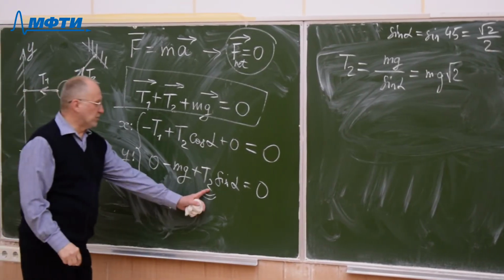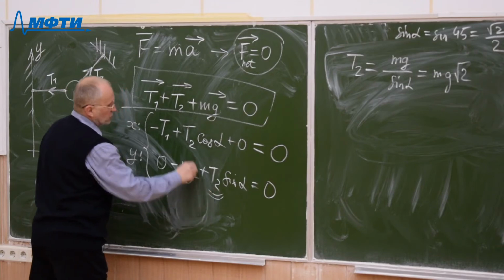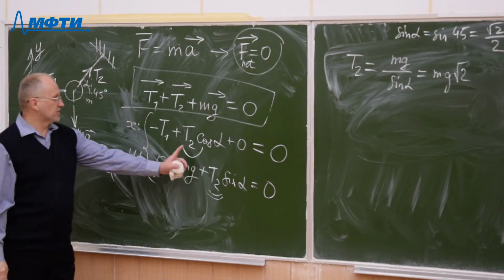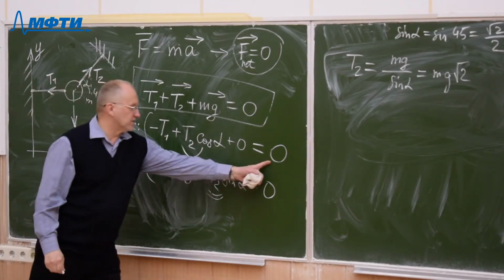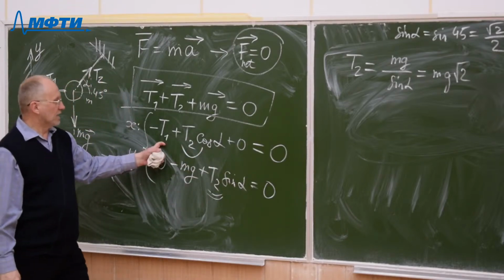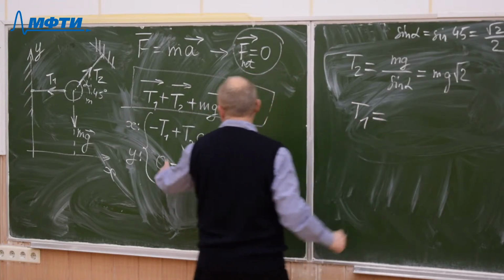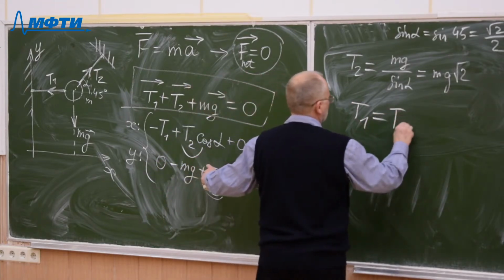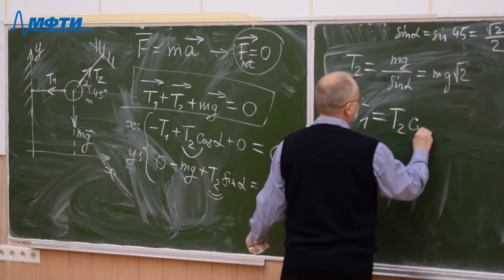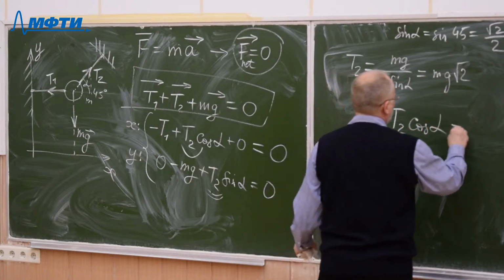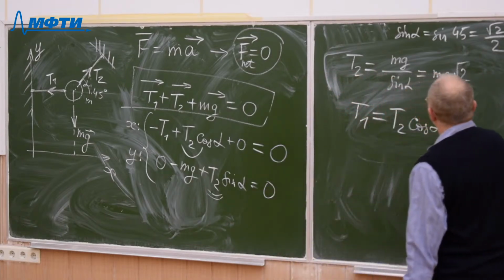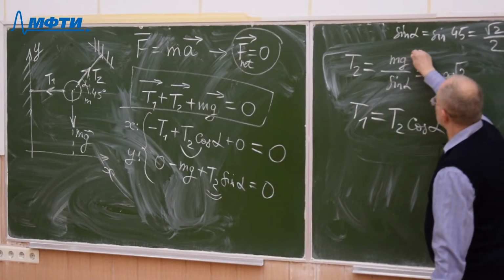If we know T2, this coefficient is known, and then it will be very easy to calculate T1 from this equation. The magnitude of T1 will be what? Just T2 cosine alpha. And T2 is known.